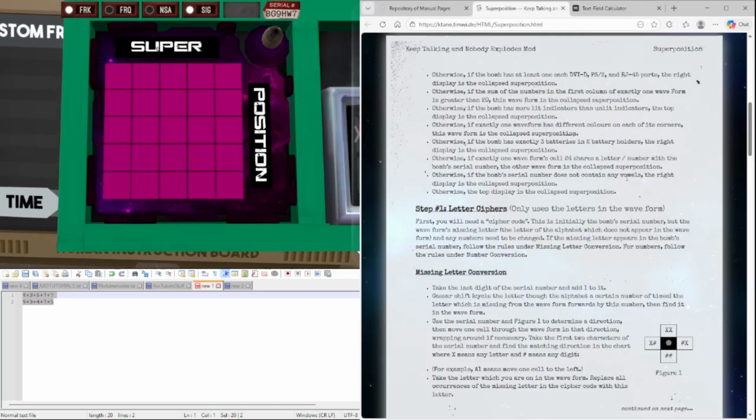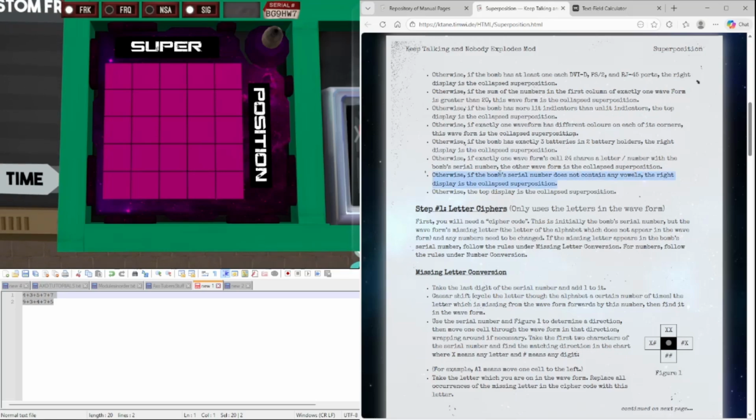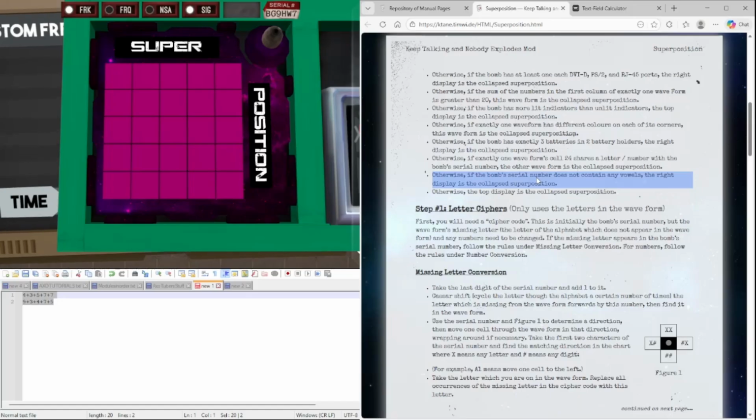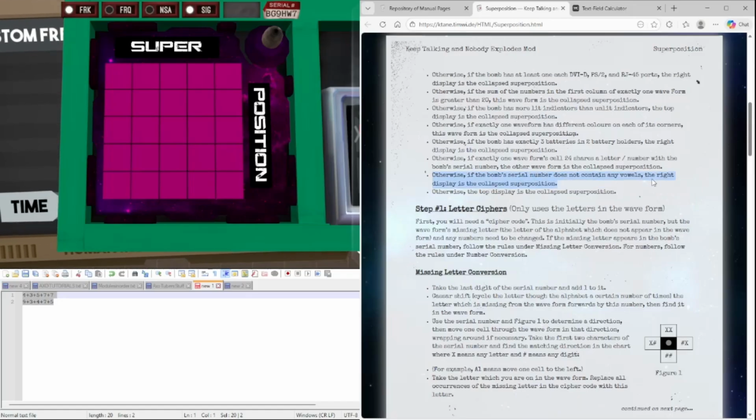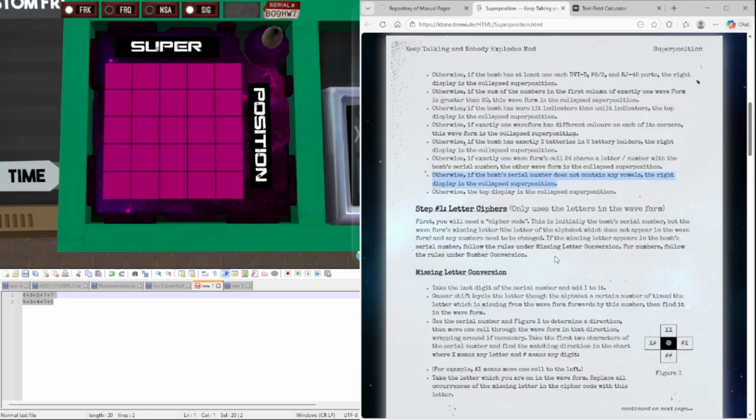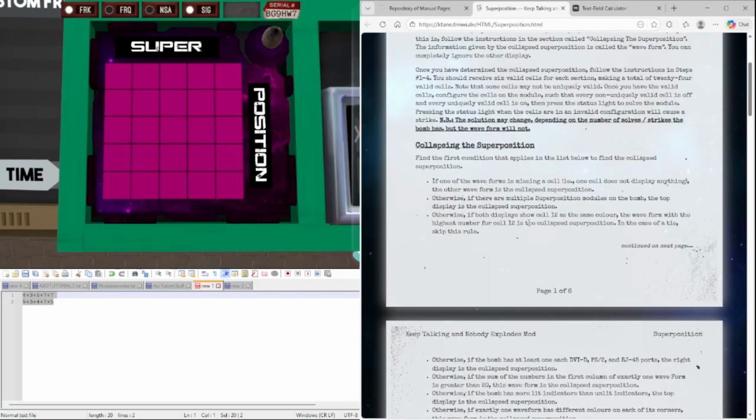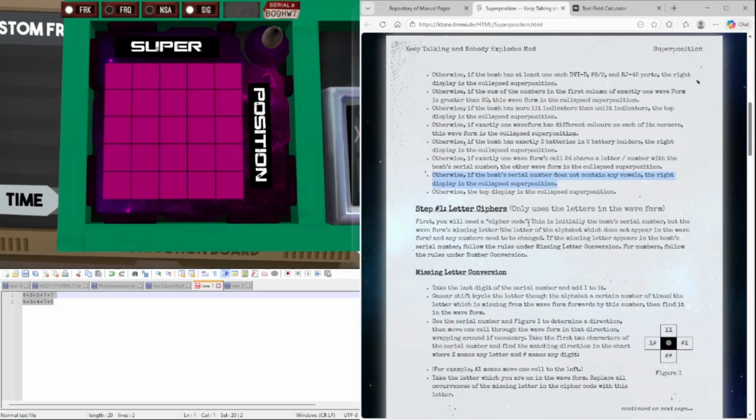One serial number does not contain any vowels. This is that one, yeah. The right display shows the collapse superposition, so we're looking at the right screen.